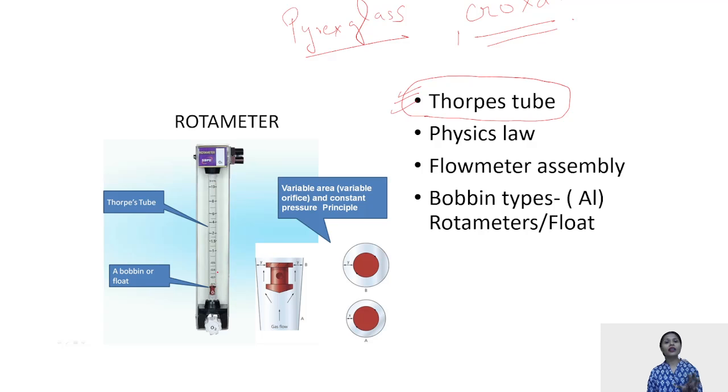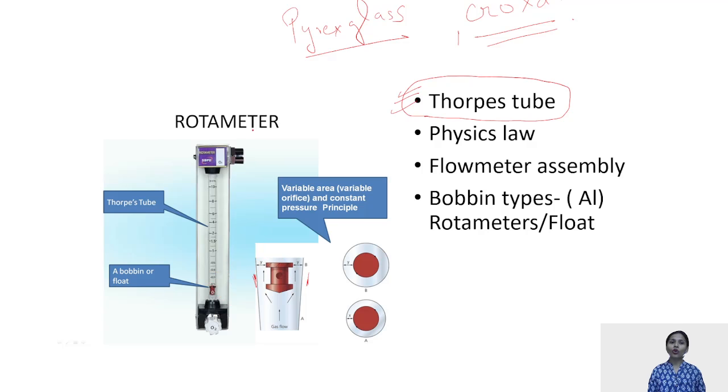The principle is that they are based on variable area but constant pressure. The area is variable such that if you see the lower part of the tube, the area between this bobbin and your tube is less.